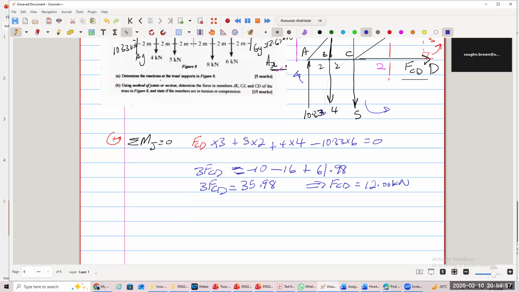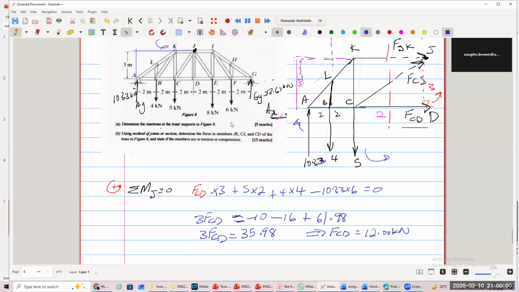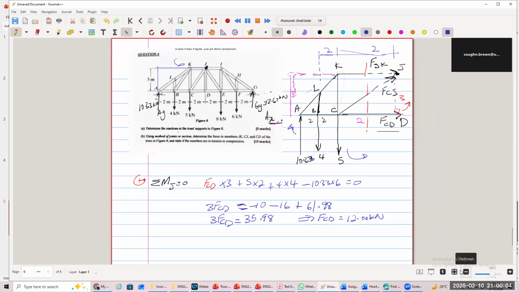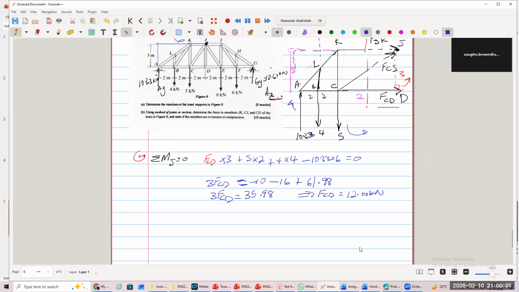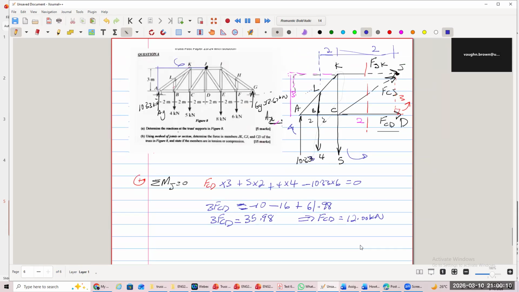And then the last one, next one now, can I make it a little bit smaller? So the next one now, we want to take moments about where now? We're going to take moments about C, right? If you take moments about C, let's see what will happen at C. 5 is gone, right?